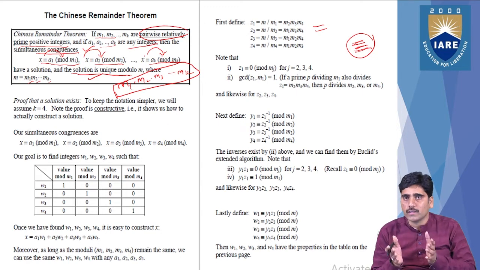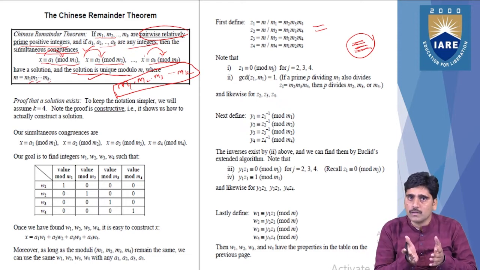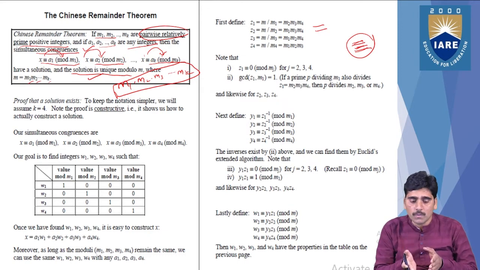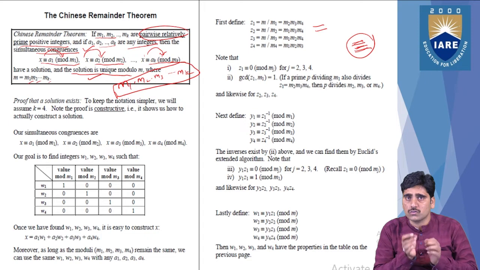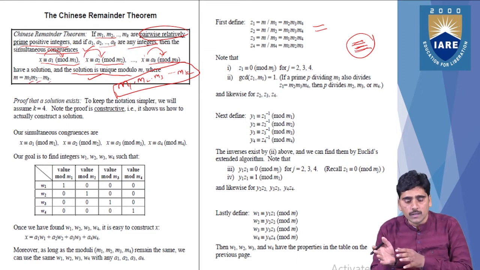So if M1, M2 up to Mk are pairwise relatively prime positive integers, and A1, A2 up to Ak are any integers, then the simultaneous congruences have a unique solution, and that solution is unique modulo M, where M equals M1 into M2 into M3 into Mk.